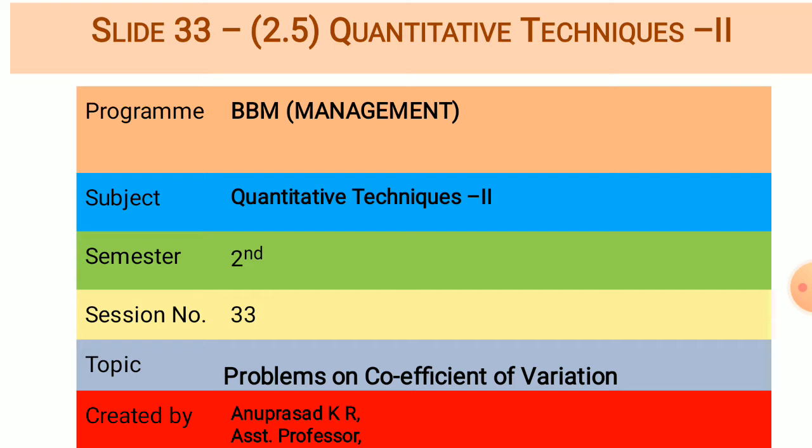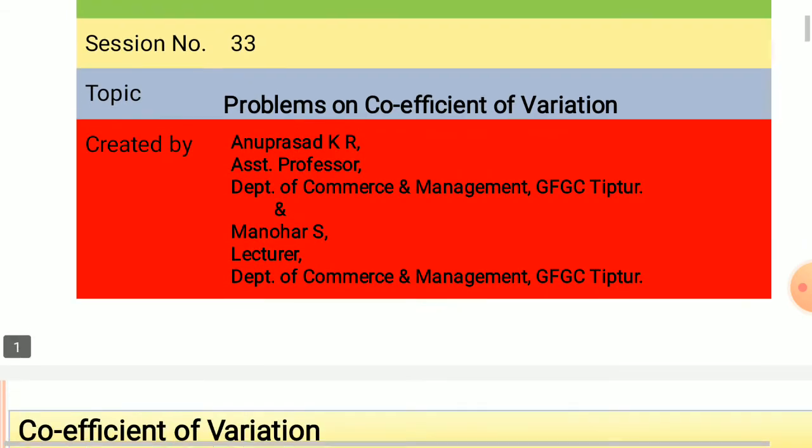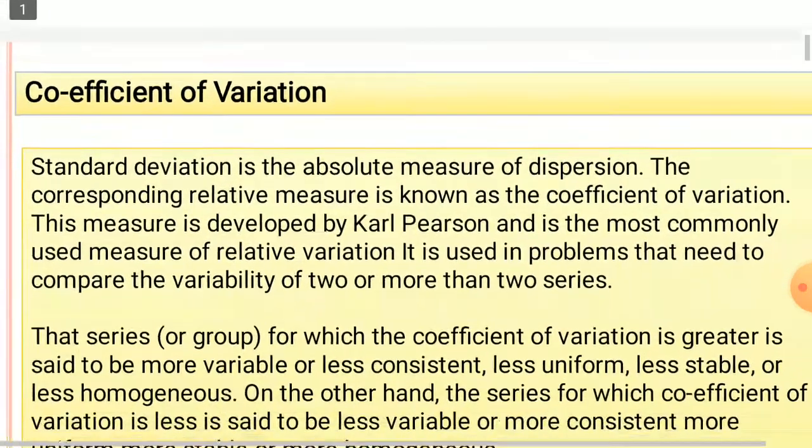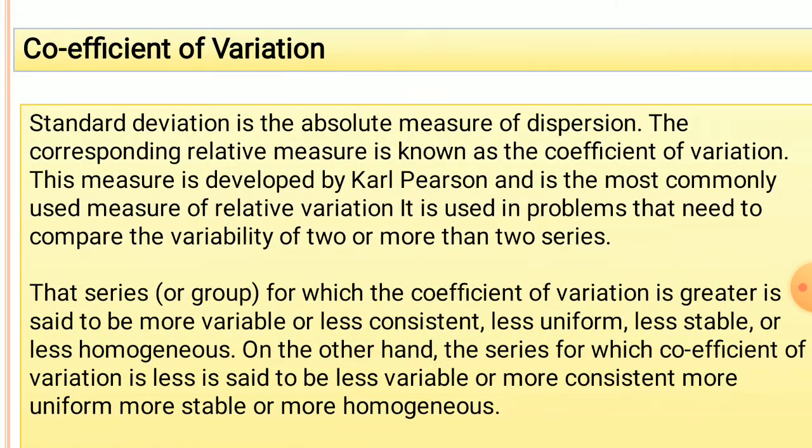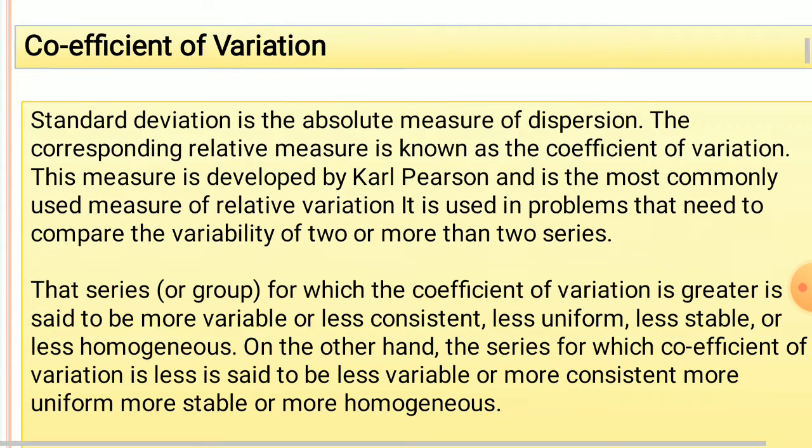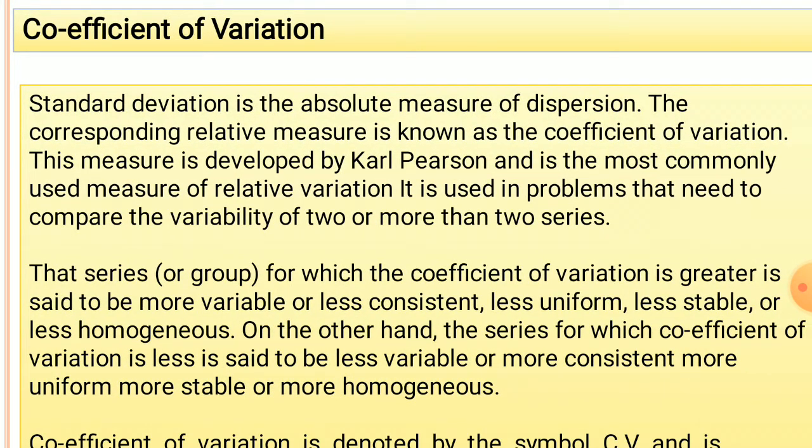The absolute measure corresponding to its relative measure is called the coefficient of variation, and the standard deviation is the absolute measure of dispersion. The corresponding relative measure is known as the coefficient of variation, and it is expressed using the letters CV.